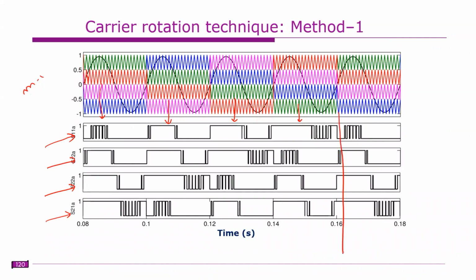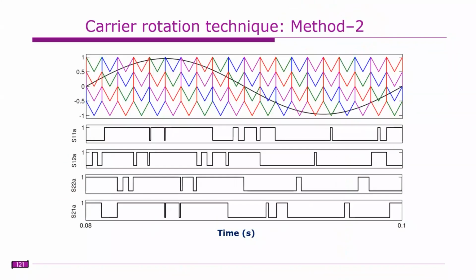From here to here, the conduction periods remain the same, and the switching frequencies also remain the same. So equalization is obtained for every m-1 cycles of the fundamental frequency, or the cycles of the modulating signal. So this is method 1 of carrier rotation.